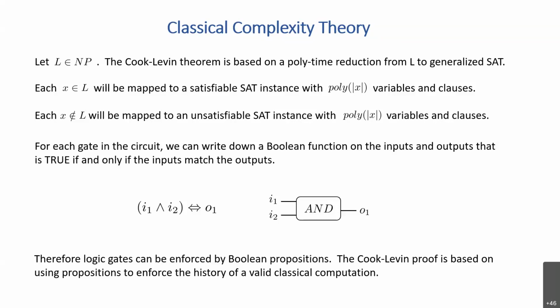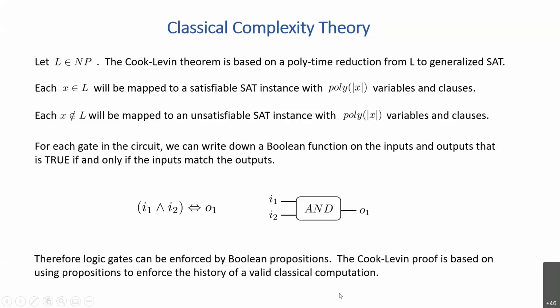So for each gate in the circuit describing that verifier, we're going to write down a Boolean function on the inputs and outputs of the gate that is true if and only if the gate operated correctly. So here's a correspondence between a logic gate and the corresponding Boolean formula, where this connective if and only if is true if both sides are true or both sides are false.